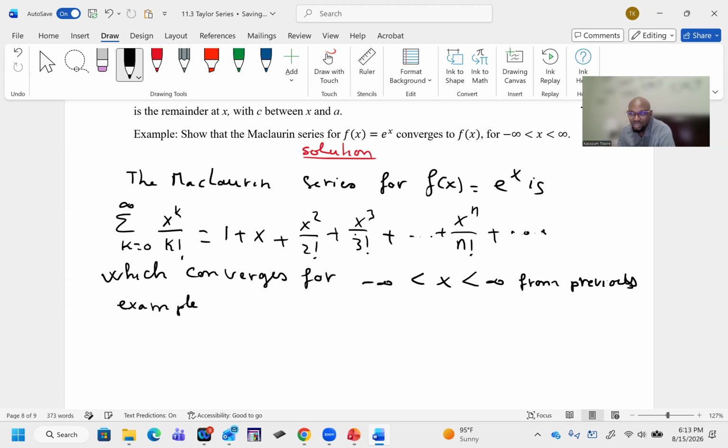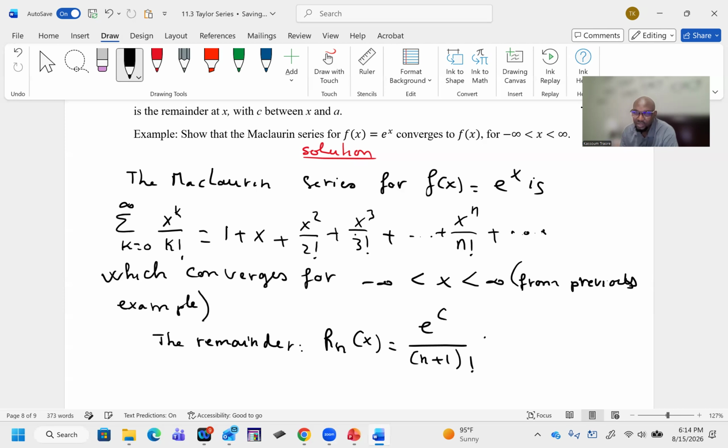I don't know which example, but we have already proved this one, so I'm not going to do that. So it was shown that the remainder R sub n of x would be equal to e to the power of c divided by (n+1) factorial times x to the power of n plus 1. We are not asked to find the remainder, so I will just stop right here.